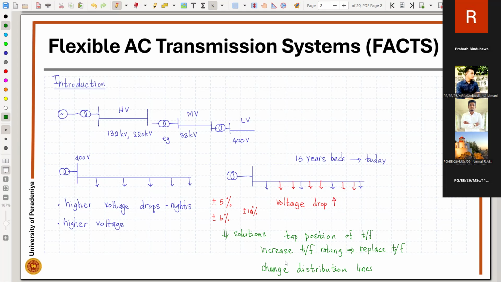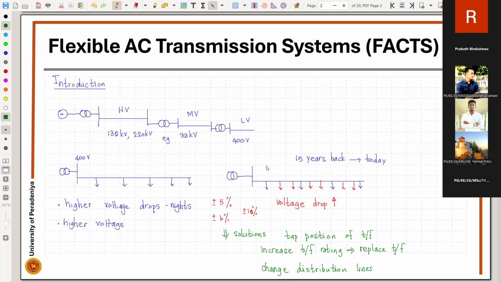So in that case, we may need to increase the cable current rating, and we may need to replace the cable, as well as split the network and introduce another transformer to power the number of consumers in the network. So basically we will reduce the length of the distribution line.